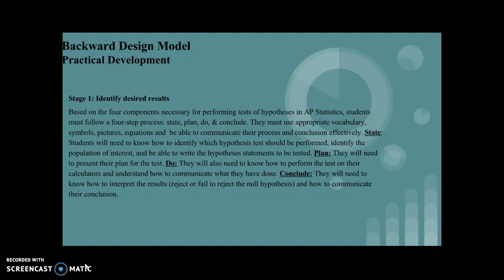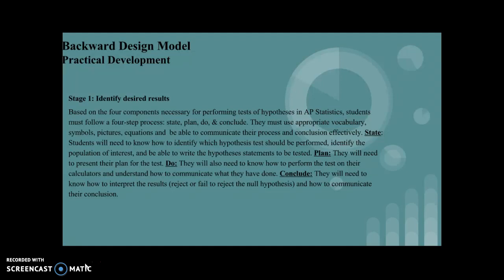So based on the 4 components necessary for performing tests of hypothesis, students must follow the state, plan, do, and conclude methodology. So stating is when the students must know how to identify which hypothesis test to use, and to identify the population of interest, and to also be able to write the hypothesis statements that will be tested.